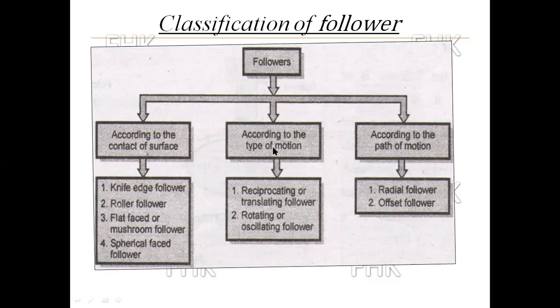According to the type of motion of the follower, the followers are a reciprocating or translatory follower, and a rotating or oscillating follower. And according to the path of motion, the followers are classified as radial followers and offset followers.